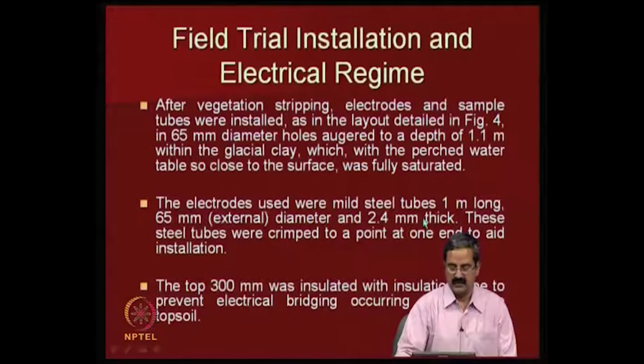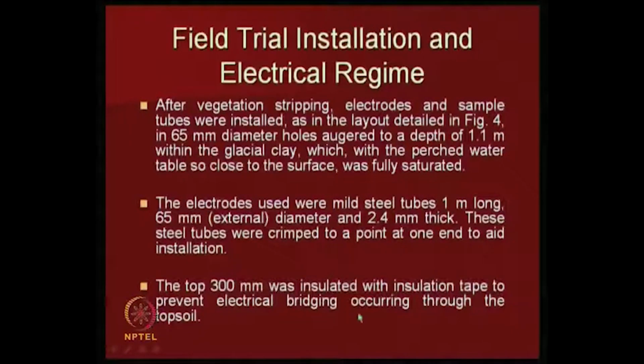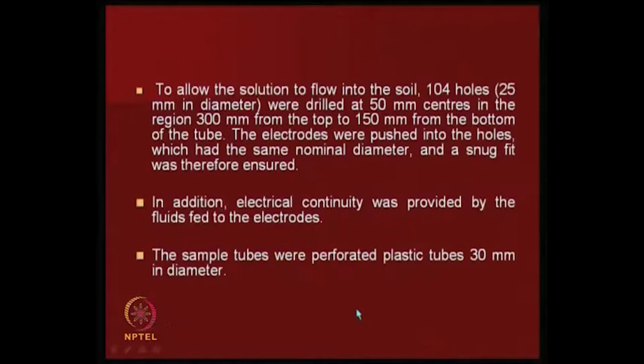The electrodes used were mild steel tubes 1 meter long, 65 mm external diameter, 2.4 mm thick. These were crimped to a point at the end to aid in installation, so that it is easy to install. The top 300 mm was insulated to prevent electrical bridging, okay, that is important.